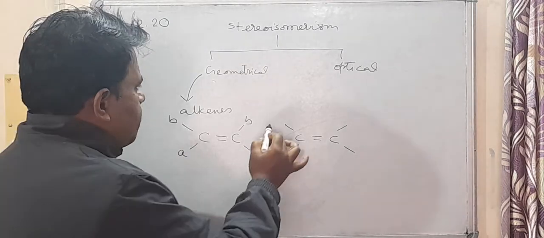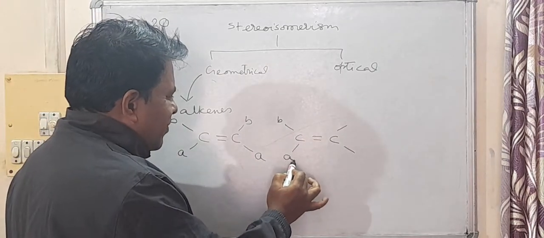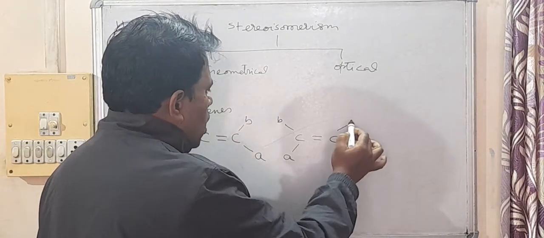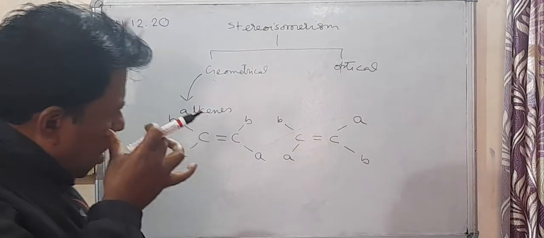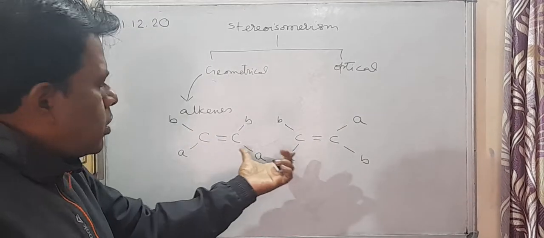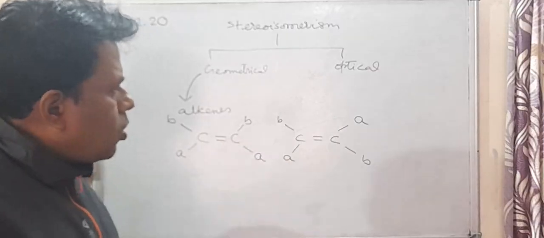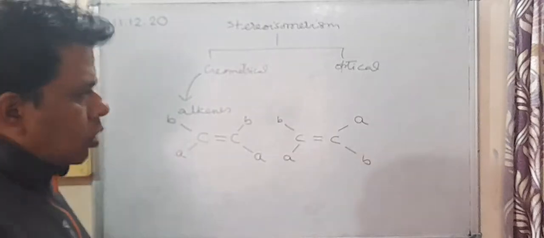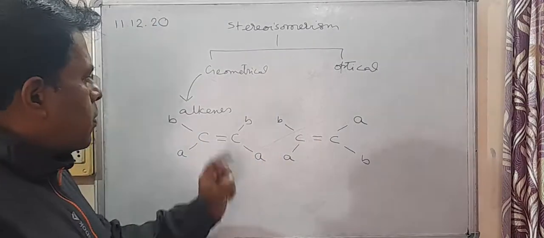Here it is B, here it is A. Now here, if I make it the other way around, suppose A here and B here, then here it is B and A, here it is A and B. So the arrangement is different, and because of this arrangement, these two compounds will have different properties. These two are different compounds, and they are said to be geometrical isomers.